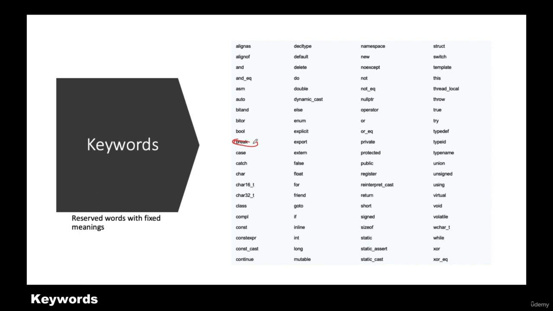The break keyword is used when we want to stop the execution of a program at a particular point. Each and every keyword listed here has a fixed meaning and can do something. That's why we use keywords. These are the important keywords which we use in the C++ programming language.